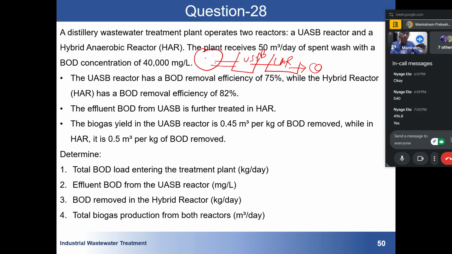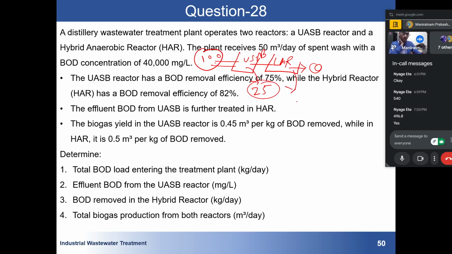Now suppose imagine that initially there is a concentration of 100 milligram per liter. As the removal efficiency is 75%, the water coming out from here will have a concentration of only 25 milligram per liter. Now, out of 25 milligram per liter, again here the efficiency is 82%.